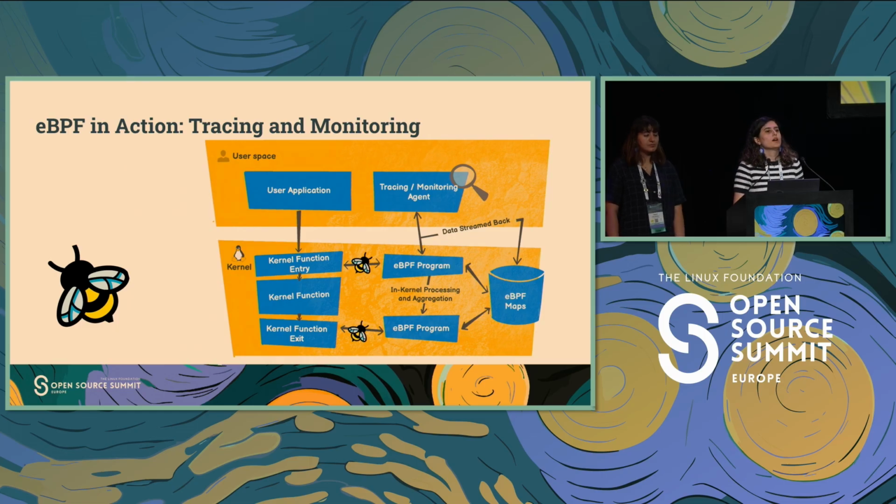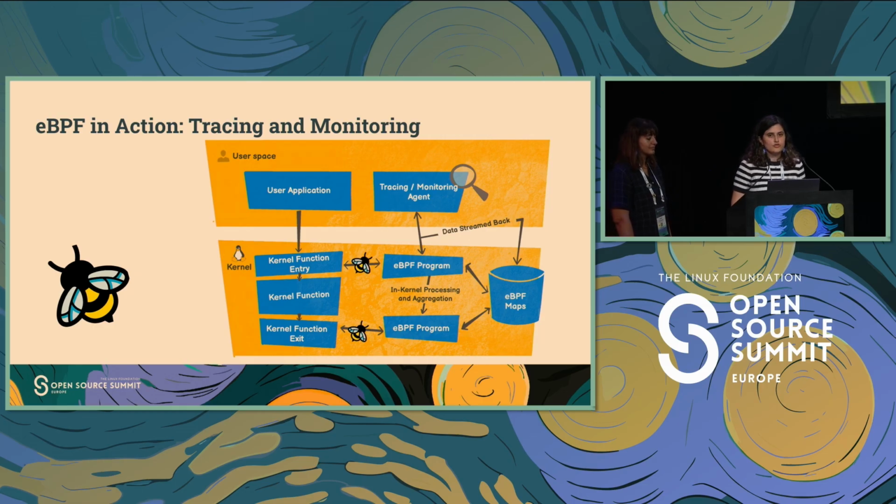OK, let's take one step further. Let's see how we can use eBPF for actual tracing and monitoring. As we see, we can attach programs to different points in the kernel or application. As an example, in the kernel, we have something called kprobe.